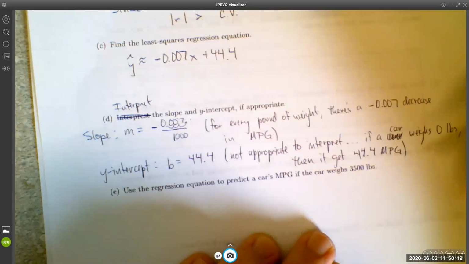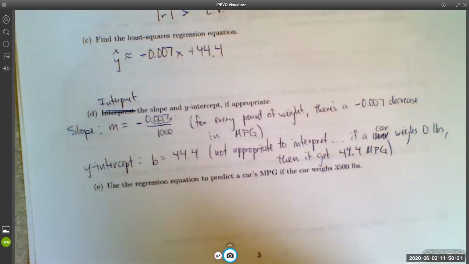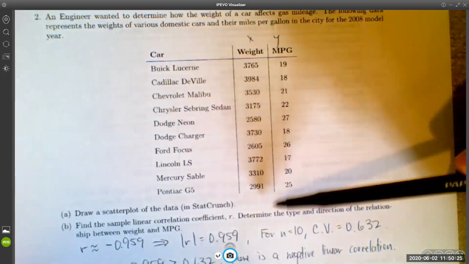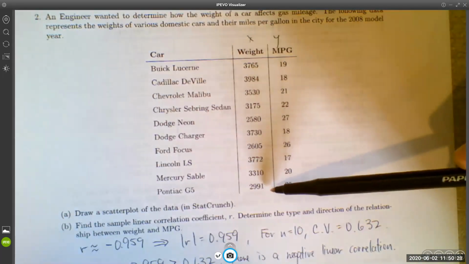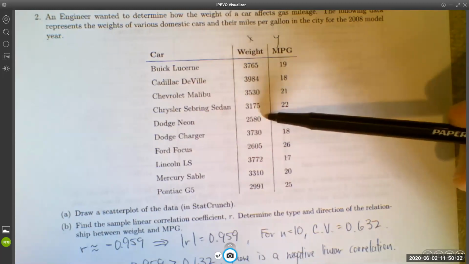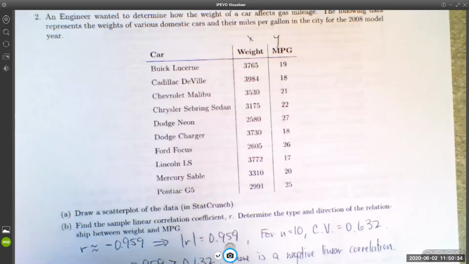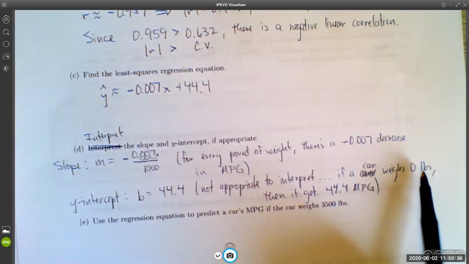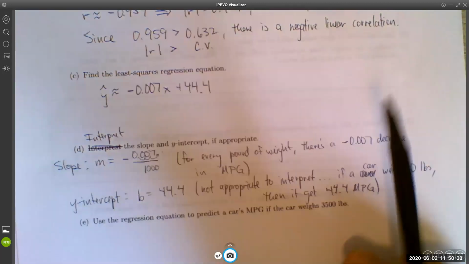So clearly not appropriate to make that interpretation. This falls way outside of the constraints that we have here, right? The smallest car was, I think, the Ford Focus. No, the Dodge Neon at 2,580 pounds. So 0 pounds is way outside of the scope of our model, right?